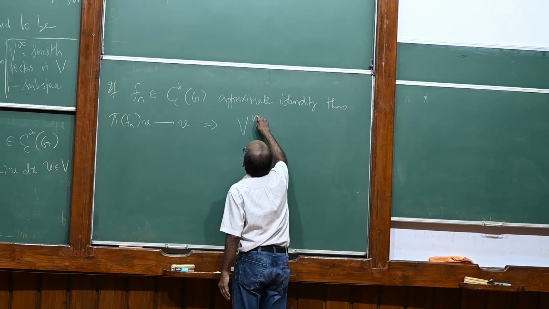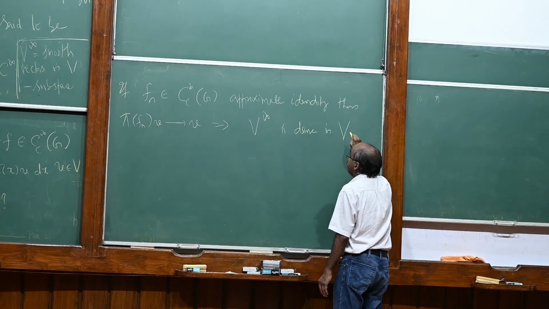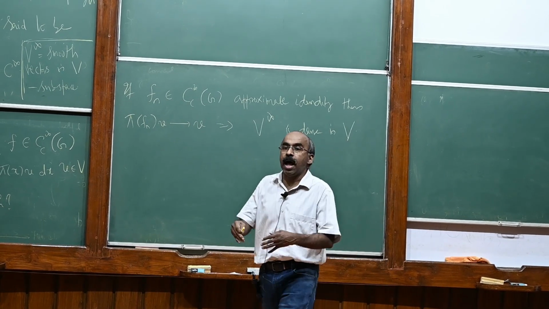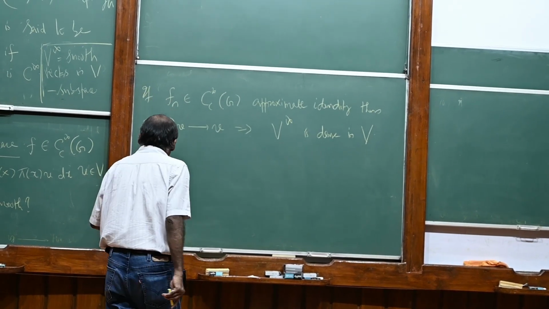So C infinity is dense in V. Okay, so there is an ample supply of smooth vectors to start with.